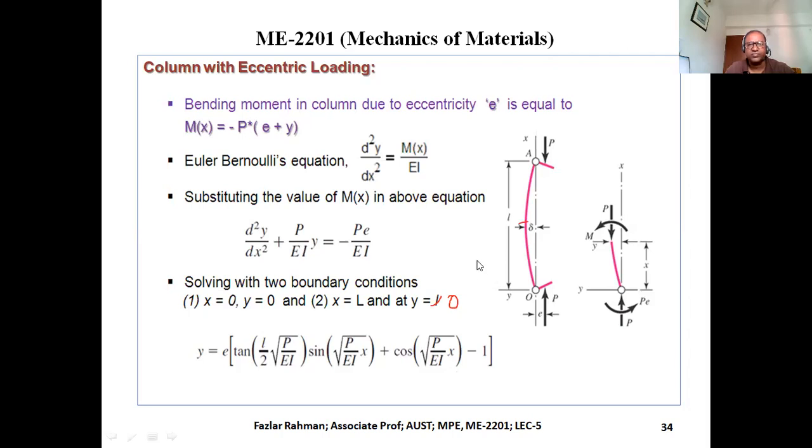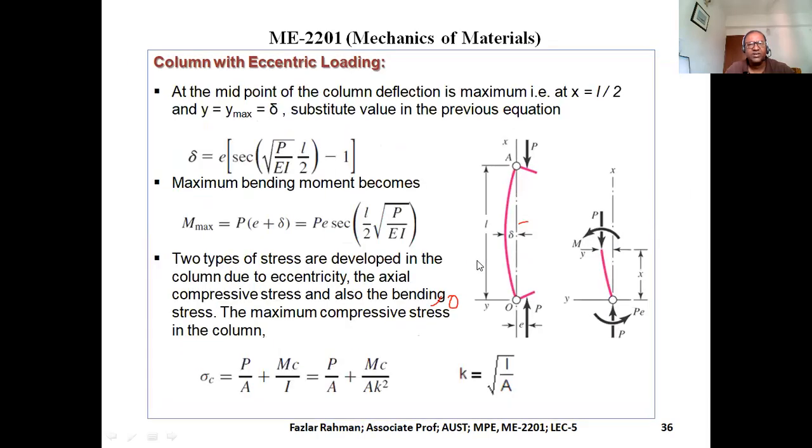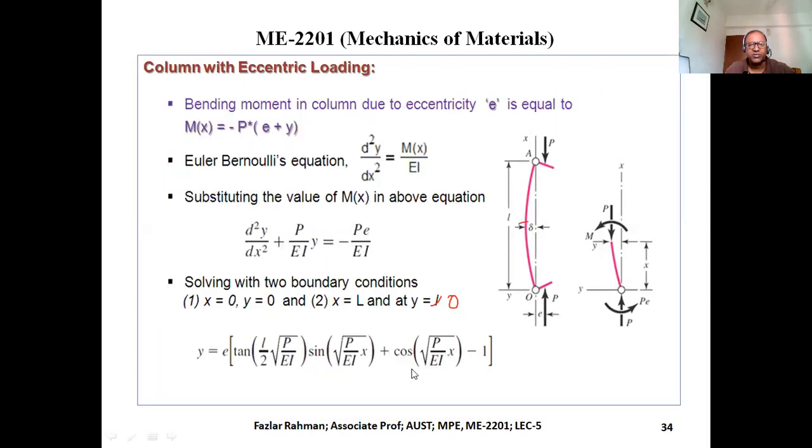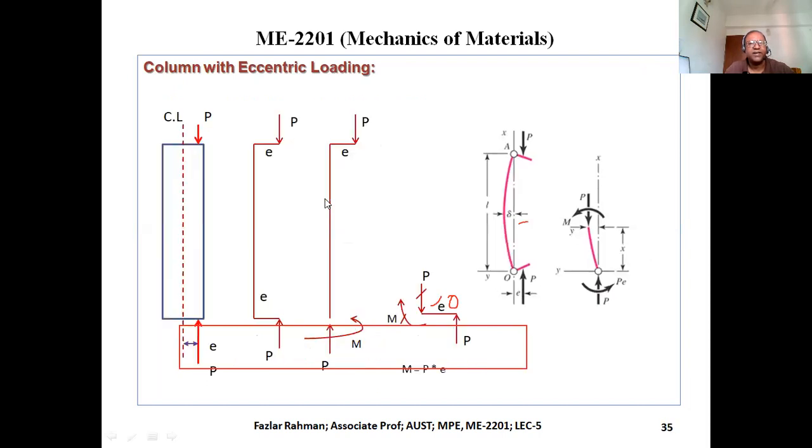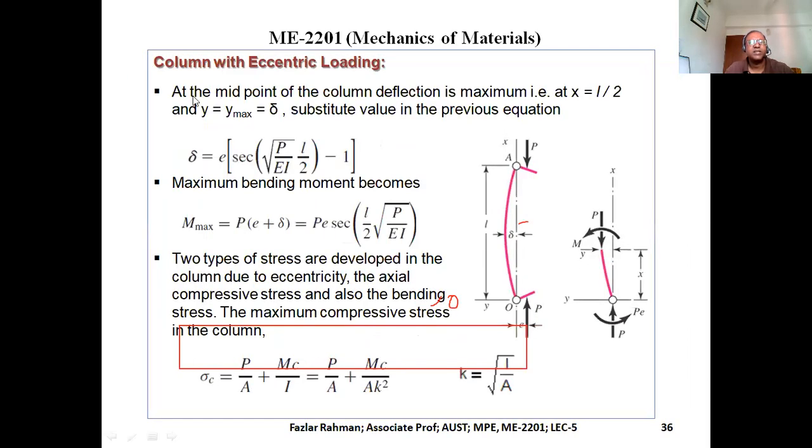So, if we put x equal to L by 2, that means y will be maximum, or delta, in the previous equation. Then you simplify the equation. Then you will get this equation right over here.